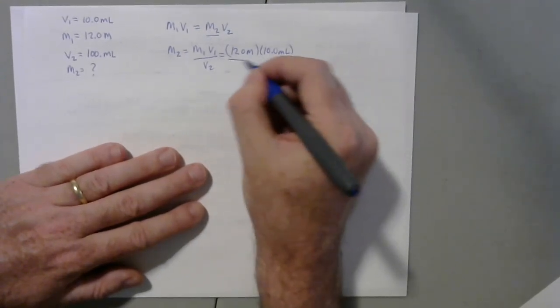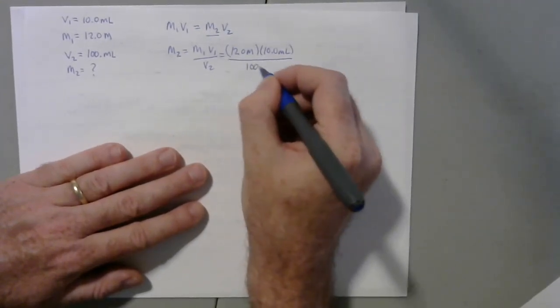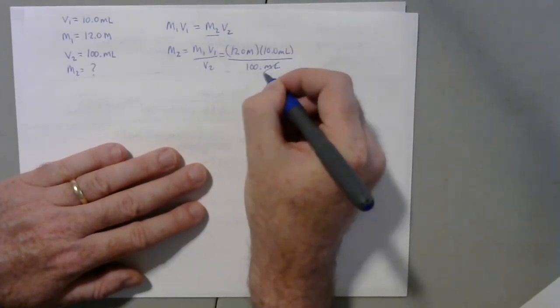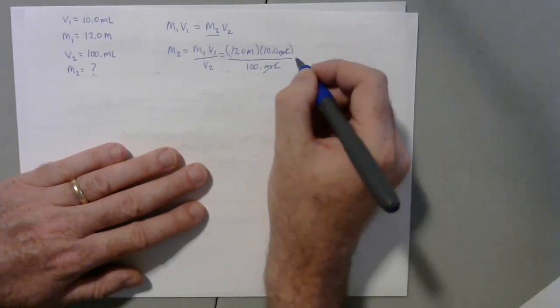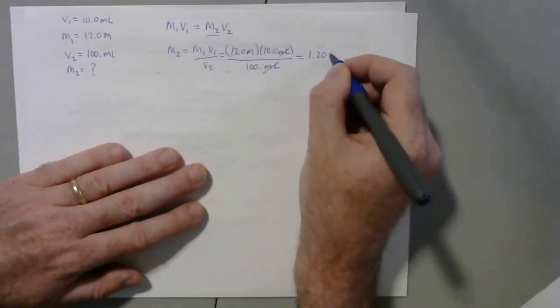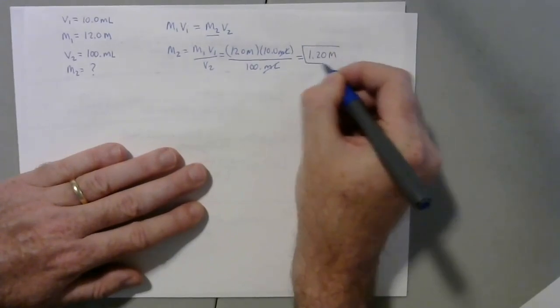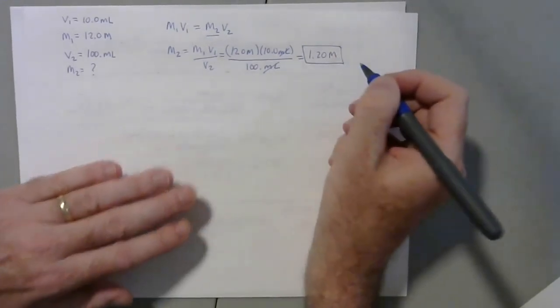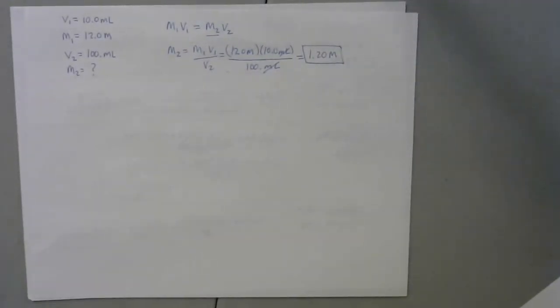We're diluting it to a volume of 100 milliliters. Milliliters cancel, so see, I didn't need liters at all, but that's going to give me 1.20 molar solution, about what you'd expect. Change the volume by a factor of 10, you're going to change the concentration by a factor of 10.